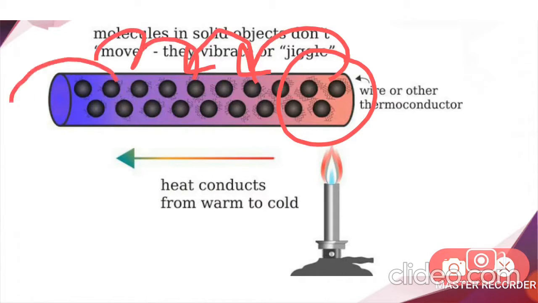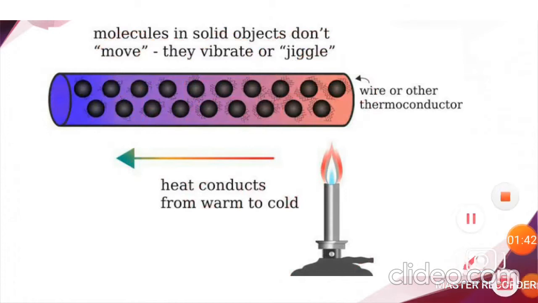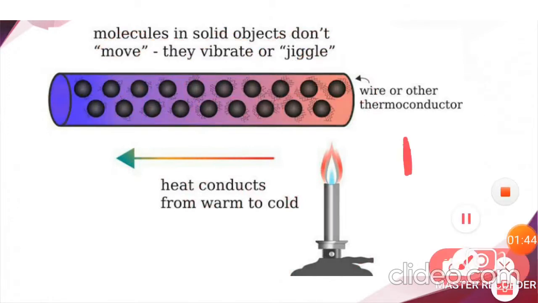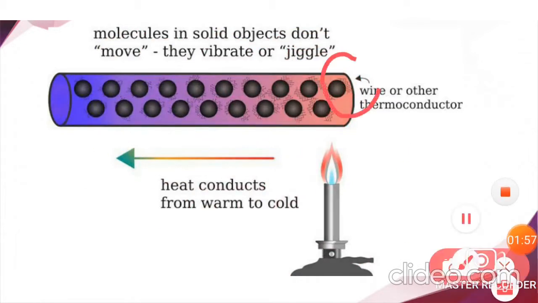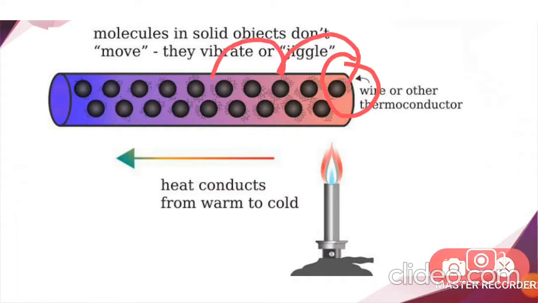Understood? So at the end, the heat energy is going to reach the other end. The particles are not traveling here. They simply vibrate about their mean position. See, this particle is here only. It does not travel to this place. It stays at the same place, but it simply transfers this heat energy to the neighboring particle like this.